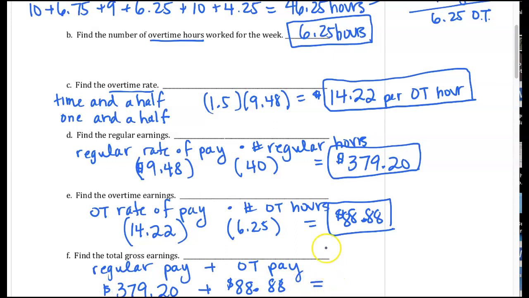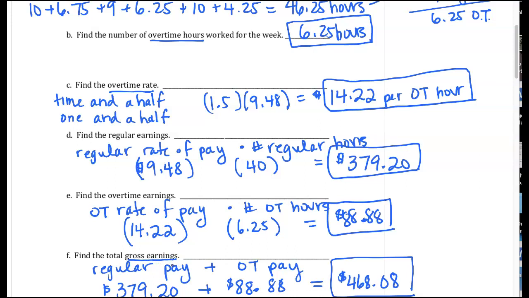Combining them, we get a total of $468.08. Later on in Chapter 6 and later in Chapter 13, we'll talk about taxes on your paycheck, but right now the gross earnings are just what you earn before taxes.